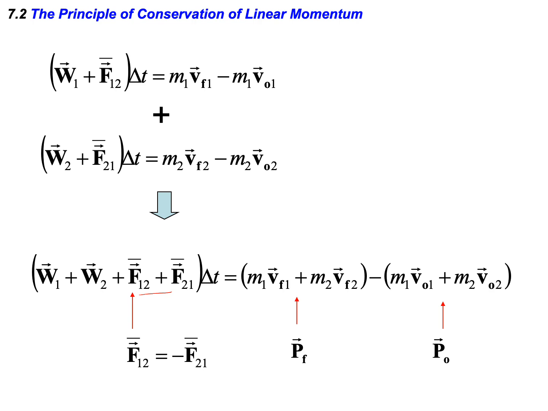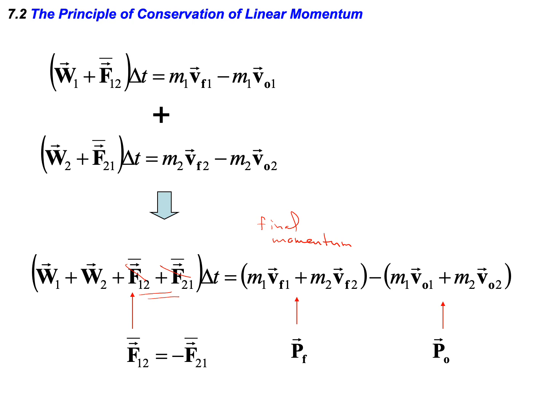These two forces are equal in magnitude because of Newton's third law: A on B is equal to B on A. So these two forces cancel, because magnitude-wise they are the same, direction-wise opposite. And we have mass 1 times v final 1 plus mass 2 times v final 2. Mass times v is momentum, so this is the final momentum.